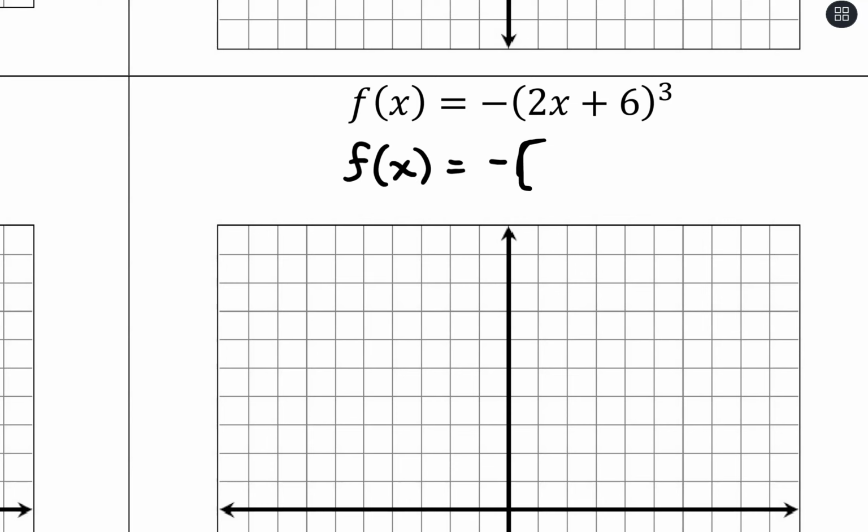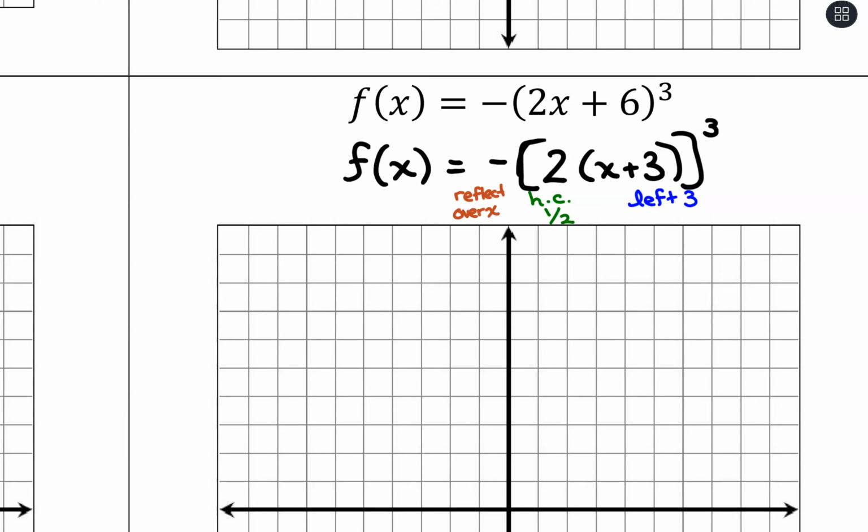Okay, there's one. Now this one here, let's do a similar thing where we'll adjust it first so that we factor out anything inside. So we can factor out a 2, so that's x plus 3, all cubed. So with this one, we're going to go left 3, horizontal compression by 1/2, and reflect over the x-axis.